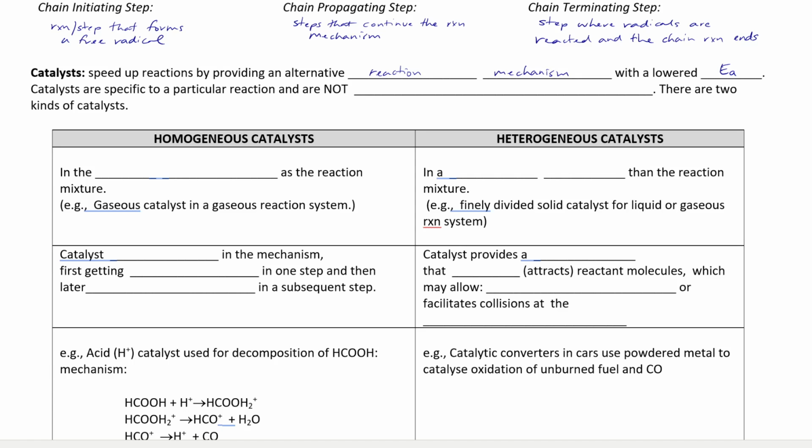Catalysts are specific to a particular reaction and are not permanently changed. And there are two types of catalysts. A homogeneous catalyst is in the same phase as the reaction mixture, so like in a liquid or gas.